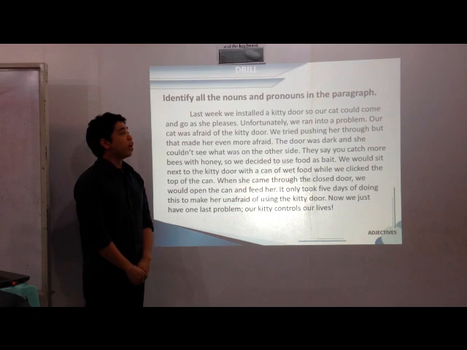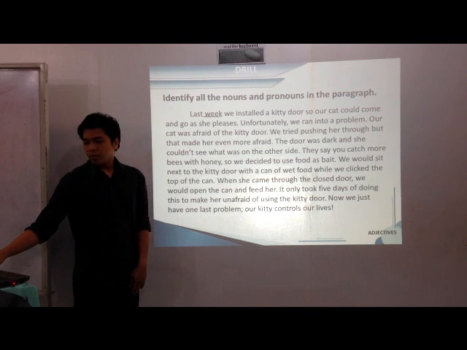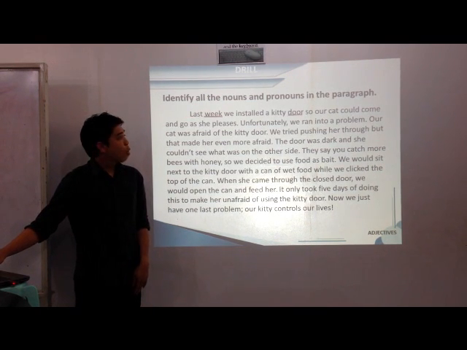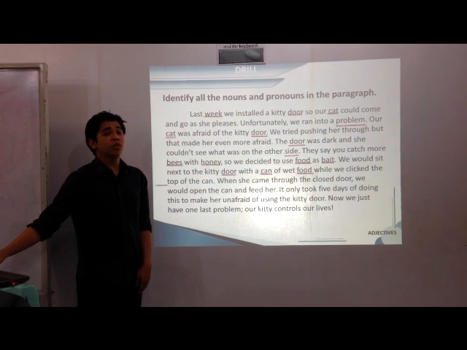As you can see, there are lots of nouns and pronouns in this paragraph. For example, these are the nouns: week, door, cat, problem, again cat, door again, door, side, and so on and so forth. Those words which are underlined are what you call the nouns.